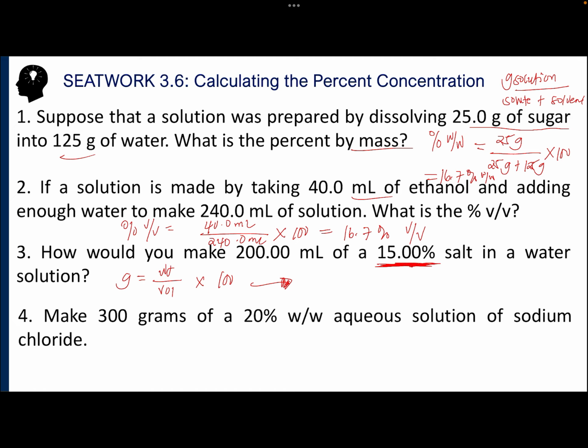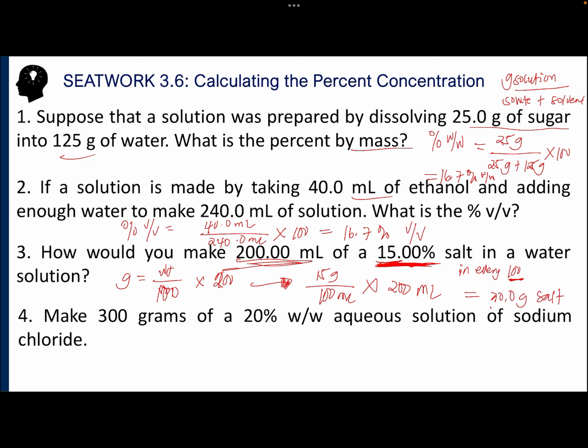Since it is a percent, it is in every 100. Here it is 15, meaning in every 100 ml, it is 15 grams. So 15 grams divided by 100 ml, times 200 ml, equals 30.0 grams of salt.